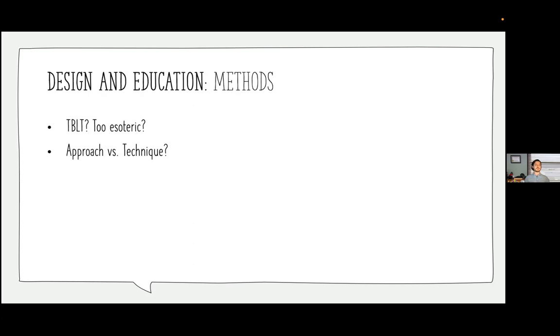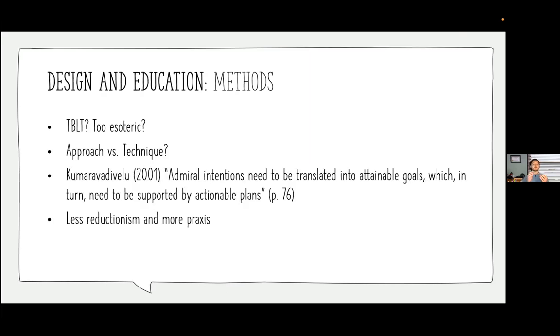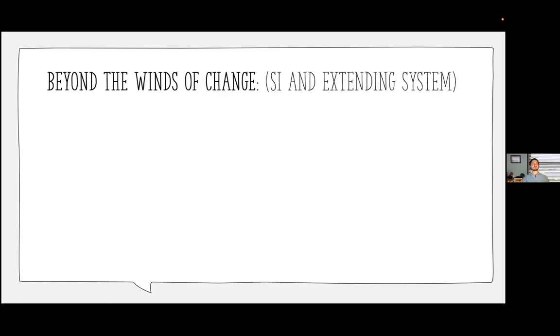It's not really a method. It just kind of gives us some ideas. So is it too esoteric? I kind of feel so. We have an idea that admirable intentions need to be translated into attainable goals, which in turn need to be supported by actionable plans. So we have the kind of feeling that we need less reductionism and more praxis.